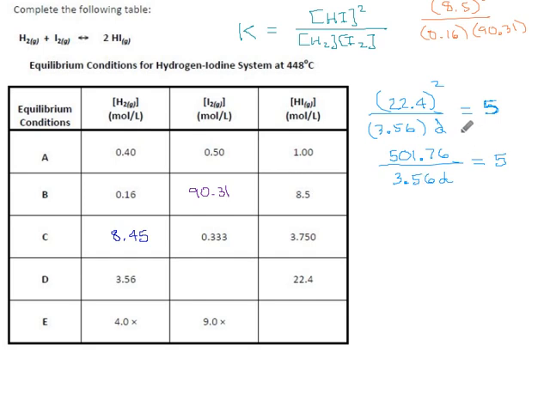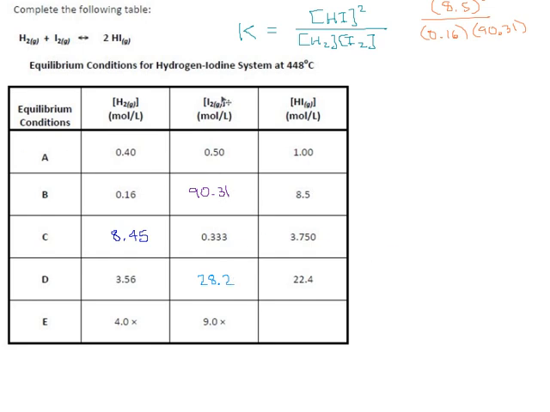Multiply both sides by the denominator, 3.56D, and we get 501.76 equals 17.8D. And divide both sides by 17.8. And I get 21.2, or I'm sorry, 28.2. 28.2 moles per liter for the iodine.